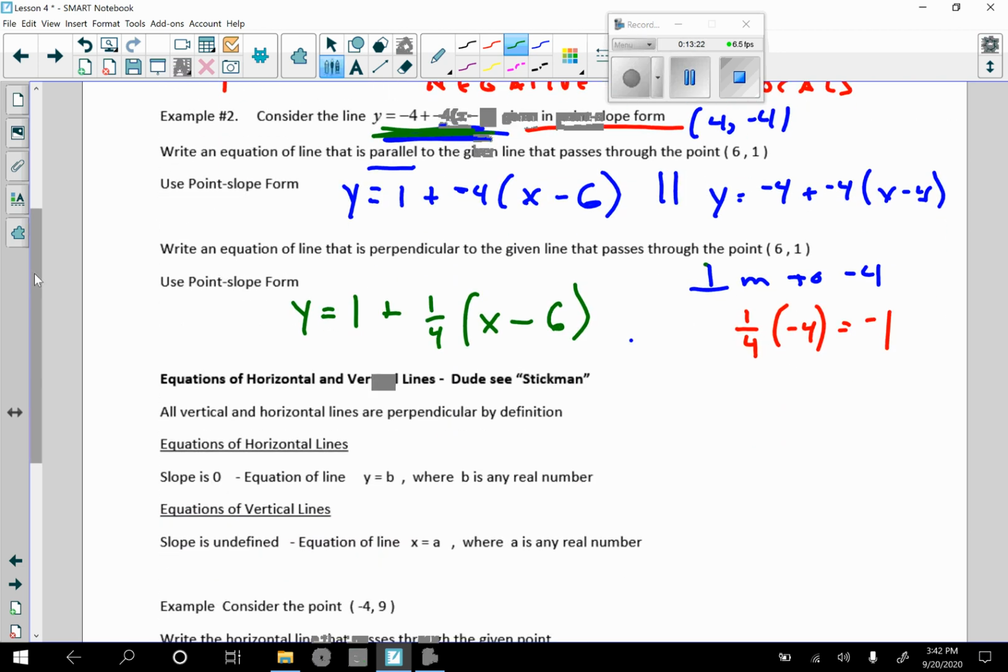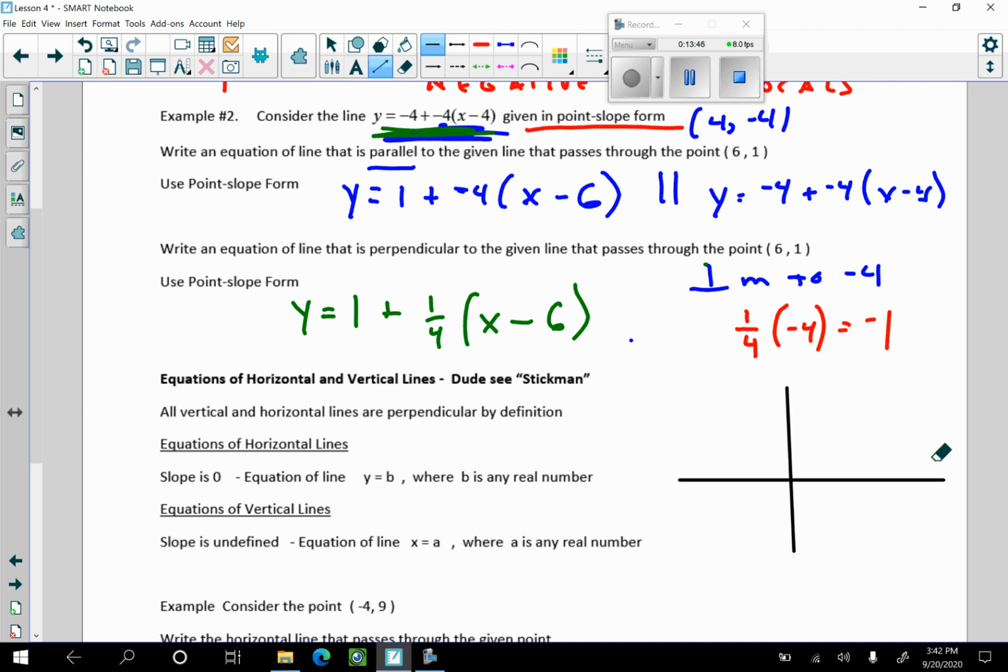Now I want the equations of horizontal and vertical lines. And here we're going to look at stickman. If we recall about stickman, and I think stickman was in the previous lesson, all vertical and horizontal lines are perpendicular by definition. And what is a vertical line? A vertical line is defined to be a line that's parallel to the y-axis. So this is your x, this is y.